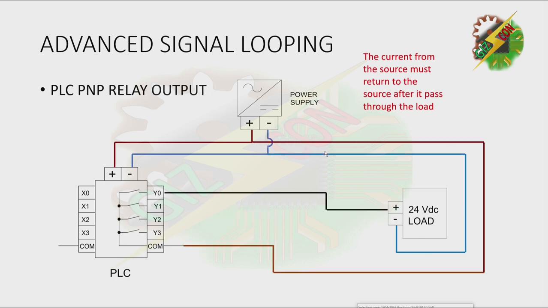For the PLC relay output, this current is used to power up our PLC. Y0 is now activated, and that will allow it to draw current from our positive terminal, and that current will flow to the common of the PLC, and it will come out to our Y0 and send a signal to our load.